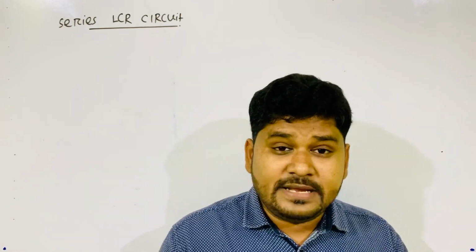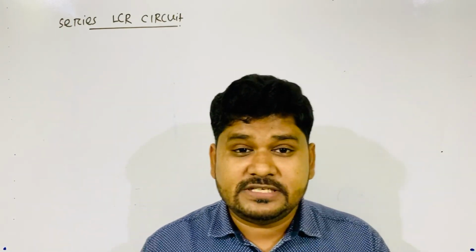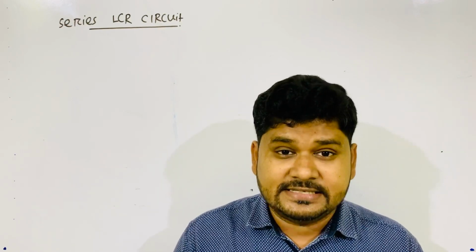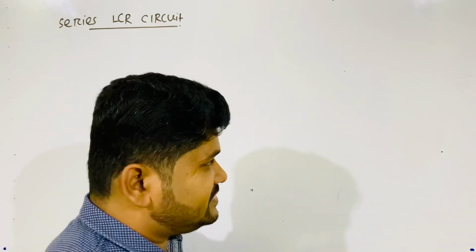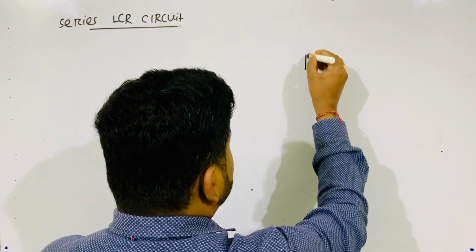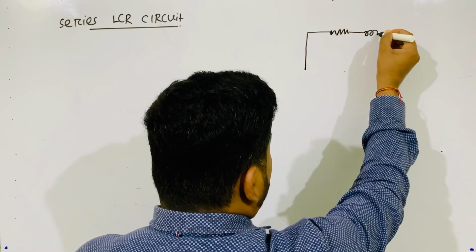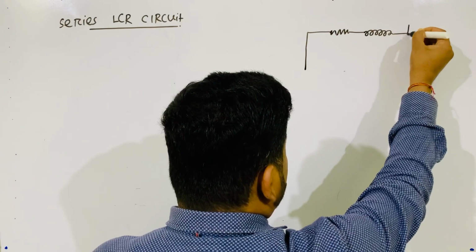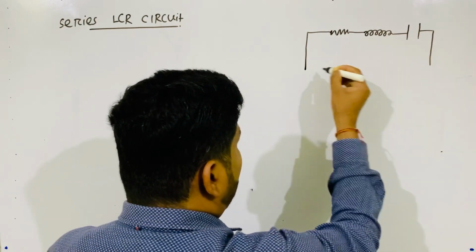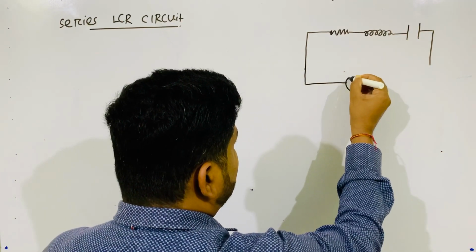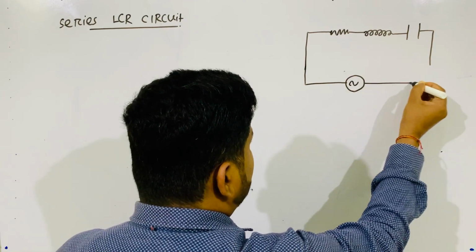Series LCR circuit means inductor, capacitor and resistor, all three are connected in series to one alternating voltage source. So resistor, then inductor, then capacitor, all three connected to one AC source.